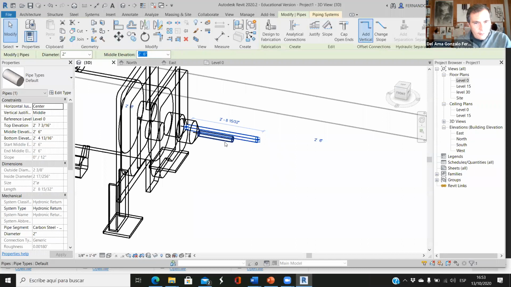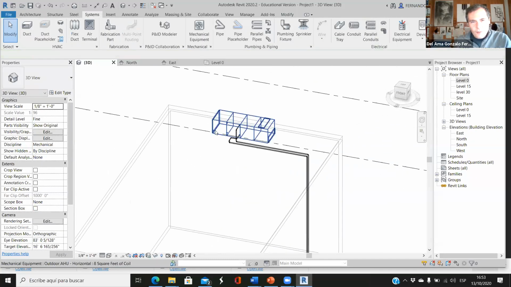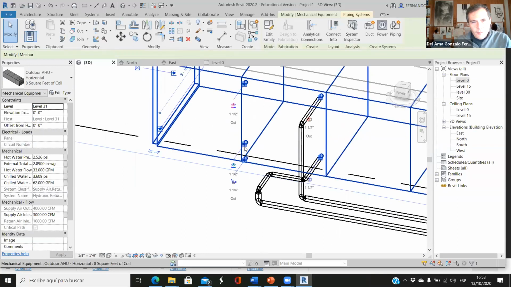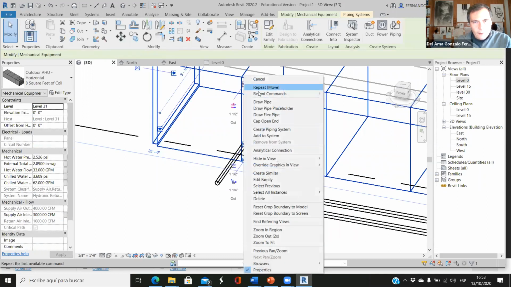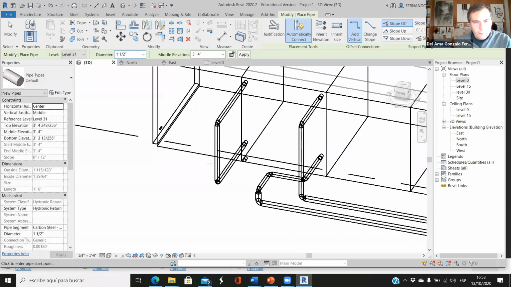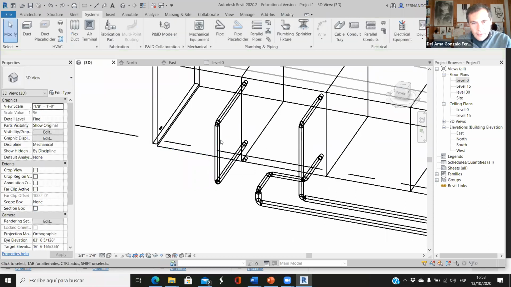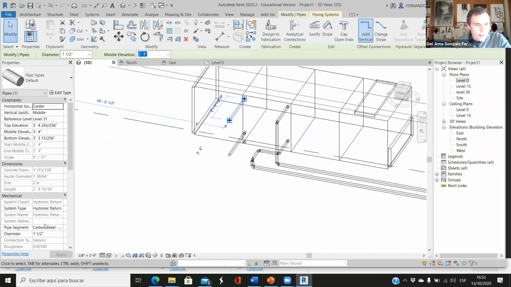So this is the return, and this should be the supply. And then we have to connect this to the air handling unit. So from this air handling unit, there will be a pipe coming out this direction, another pipe coming out from here. Well, we don't want to connect this to this, so there you go. And now this is the return, and this is the supply.